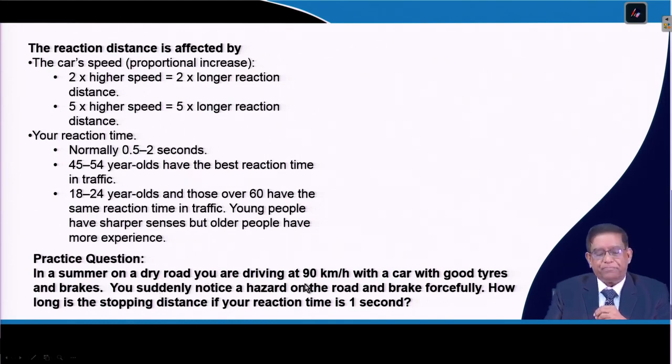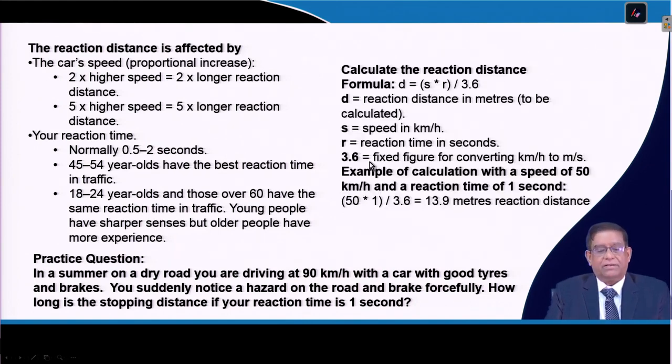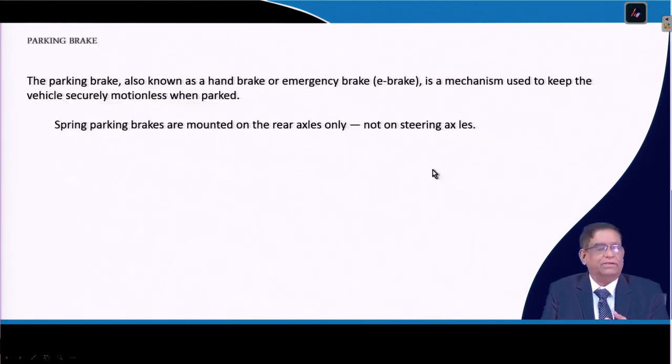Say you are running at 90 km per hour, and suddenly you notice an obstacle on the road. If your reaction time is 1 second, you must know whether you are able to avoid that obstacle or you will hit it. Such problems can be easily solved by taking the reaction distance, and taking reaction time as 1 second or 2 seconds, you can find out your risk level and calculate it.